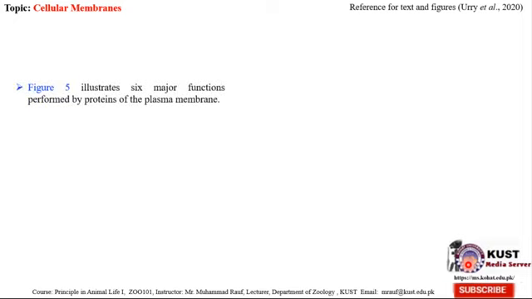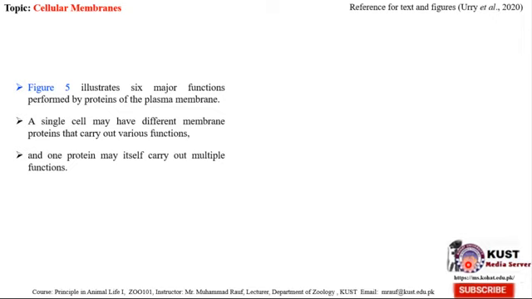Now we will study different functions of membrane proteins. A single cell may have different membrane proteins that carry out various functions, and one protein may itself carry out multiple functions. So a single protein can participate in carrying out different functions.